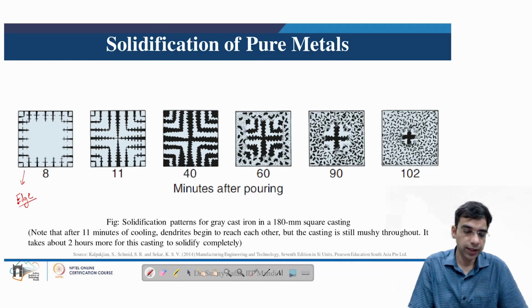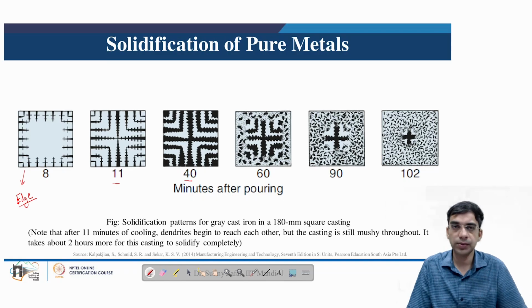As more and more heat is lost, as shown here at a span of say 11 minutes, 40 minutes and so on, you can observe that more and more grains get solidified, but everything is connected to the edges of the mold, as heat transfer takes place in the direction opposite to the direction of grain growth in casting of metals.